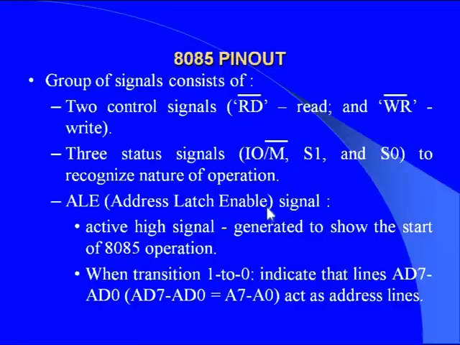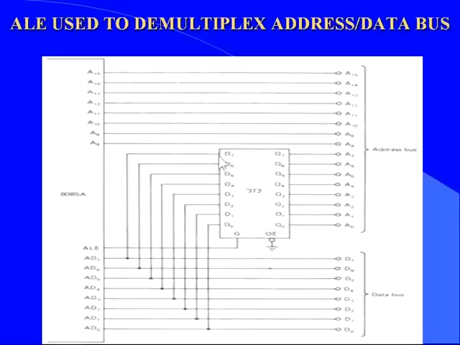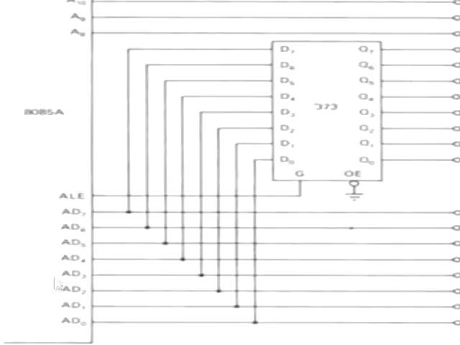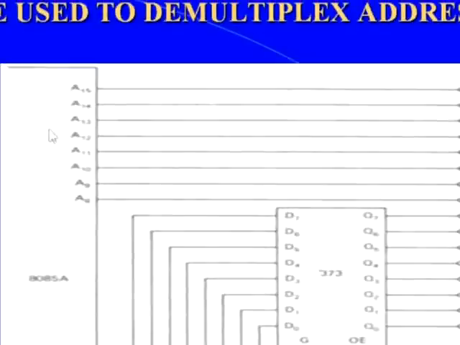How the demultiplexing is done is explained with the figure. Here you can see that initially, whenever an instruction is being executed, the 16-bit address is loaded on AD0 to AD7 and A8 to A15.